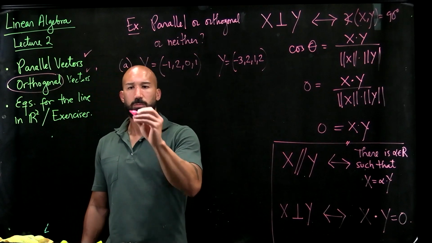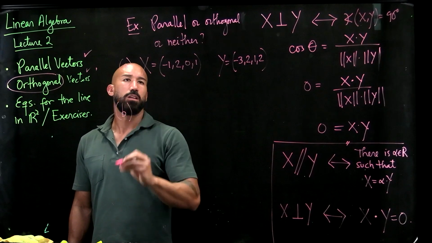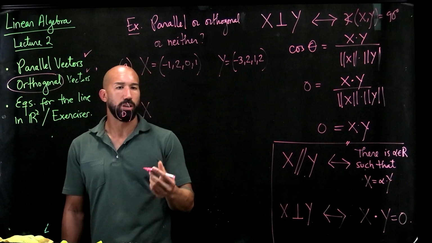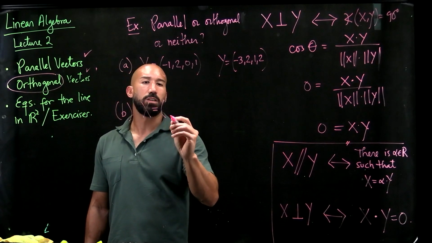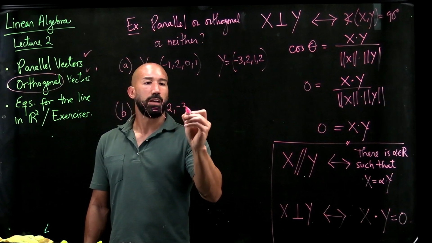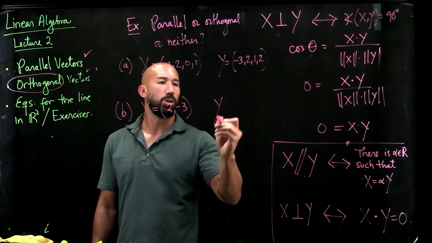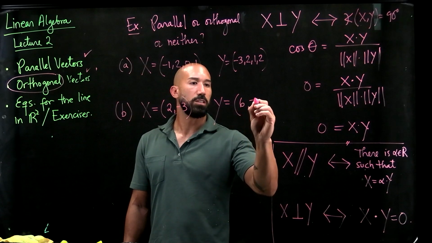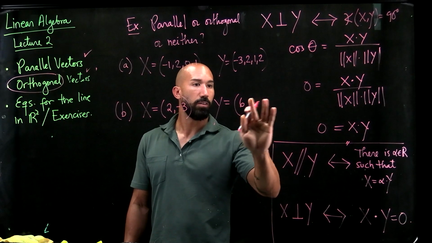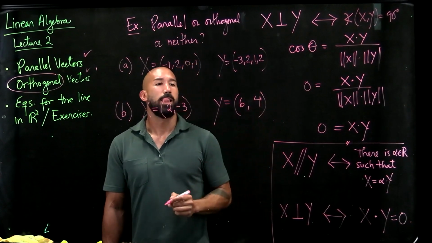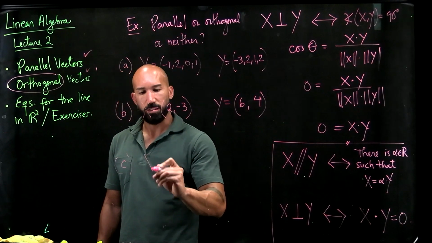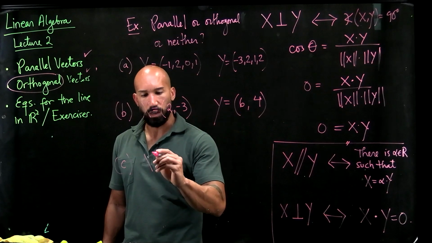Okay? B is going to be X. I'm giving in this case two vectors in R4. Now X is going to be 2, -3, and Y is going to be 6, 4. Let's see. Now I'm giving you two vectors in R2.